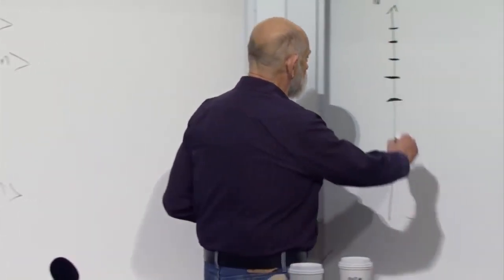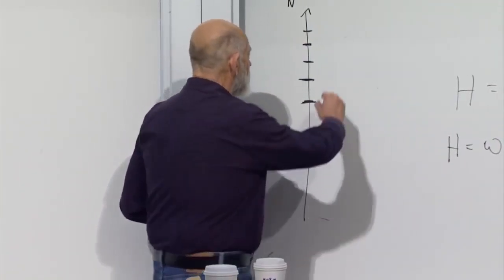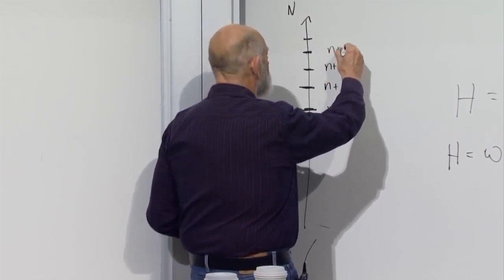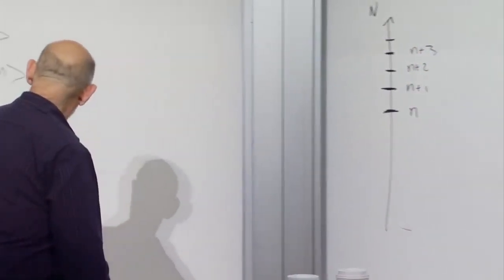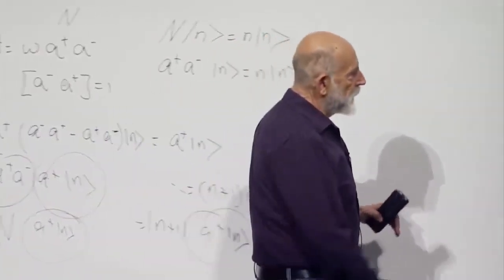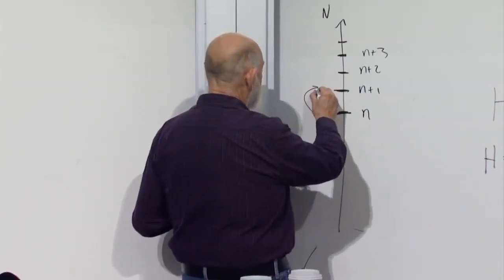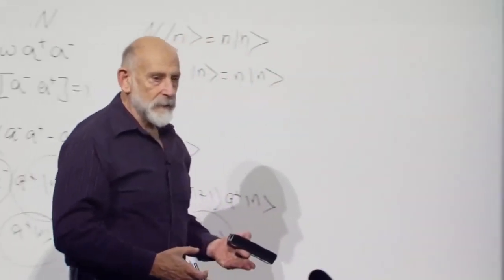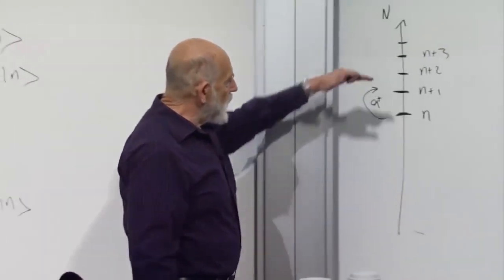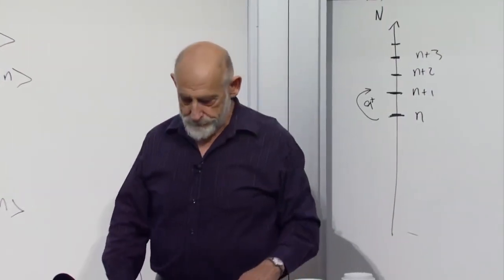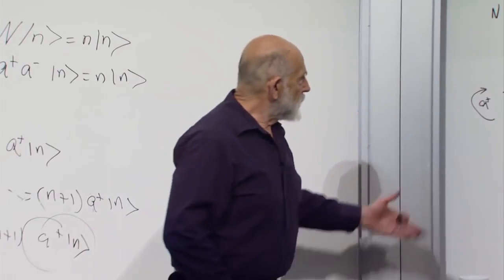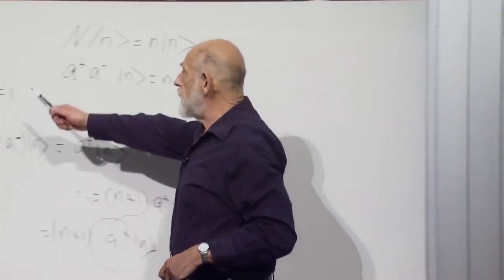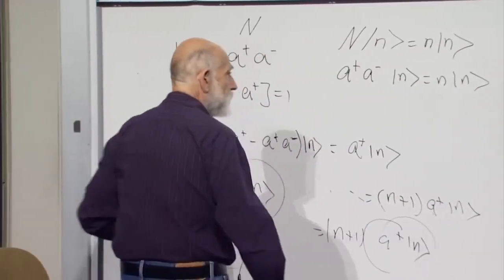Furthermore, you go from one to the other by applying the operator A plus. A plus takes you from an eigenvector with eigenvalue n to an eigenvalue n plus 1 and so forth. These, of course, have higher and higher energy because the energy is just omega times n.